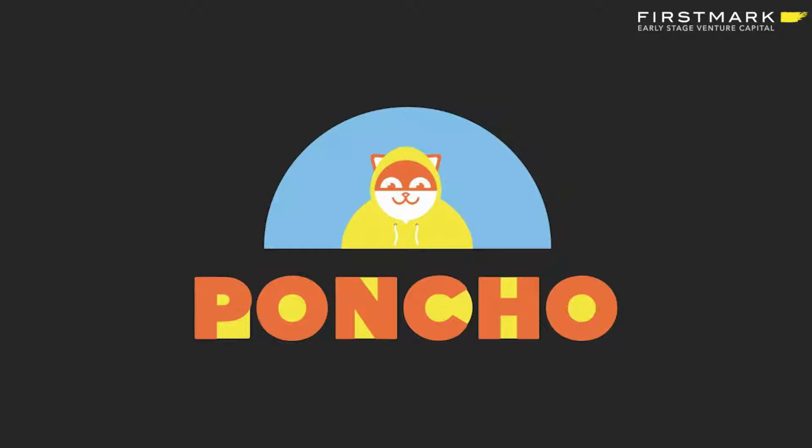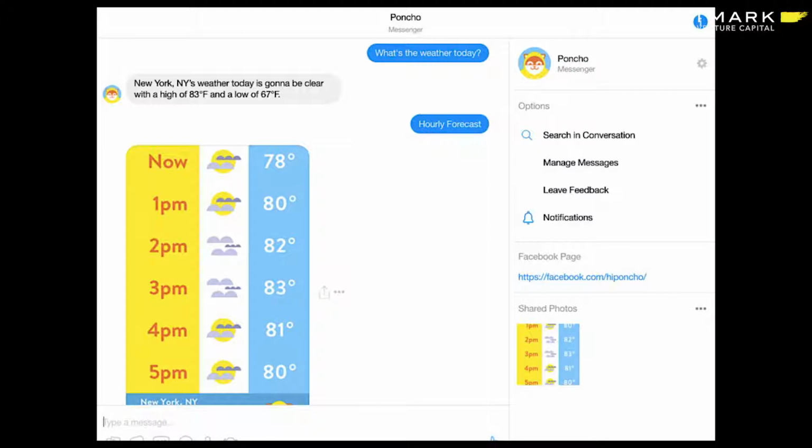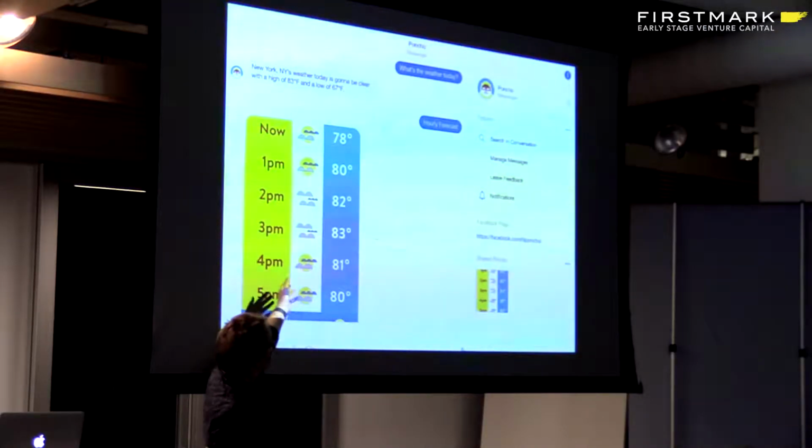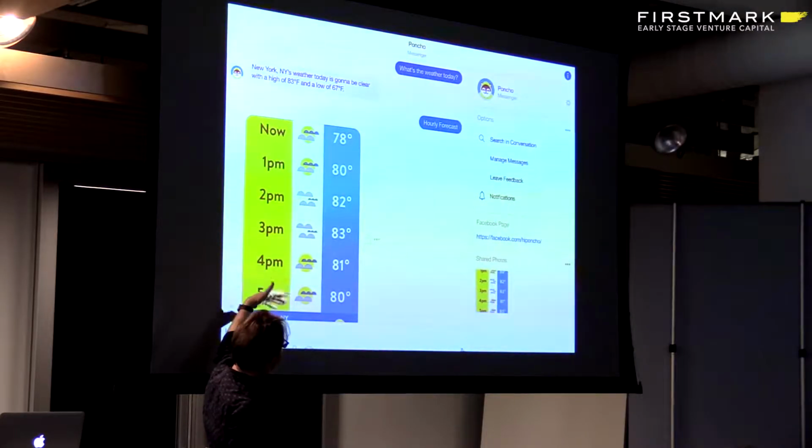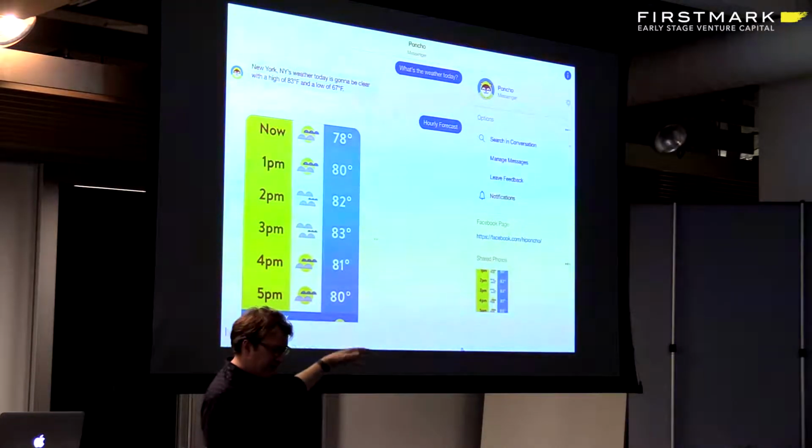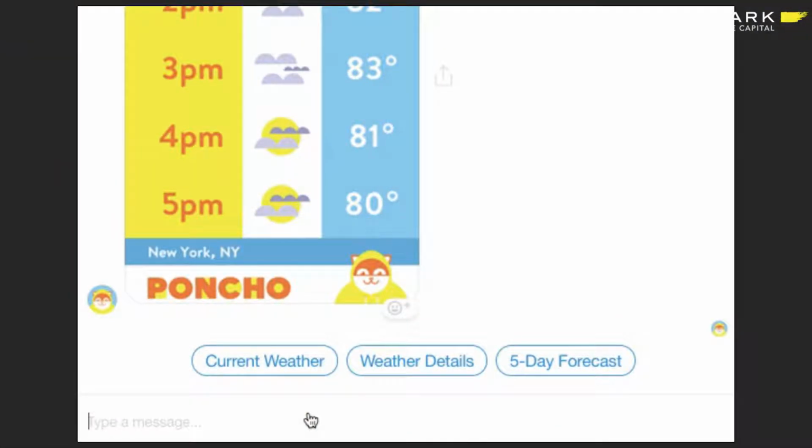So you may have seen Pancho. This is not ours. This is done by BetaWorks. But this is a good example, right? So you can get your weather anywhere, right? But here's Pancho. Pancho is a weather bot. And if you ask for the weather, Pancho gives you the weather, and it's very, very straightforward, sure. But the other thing you can do is, first of all, the weather comes along with some sort of attitude, which happens.